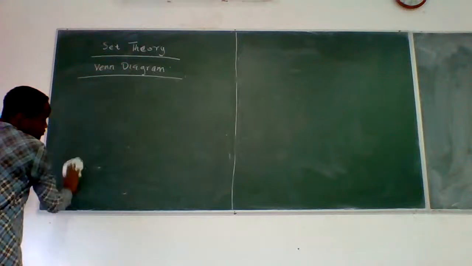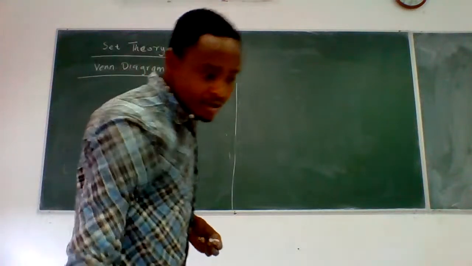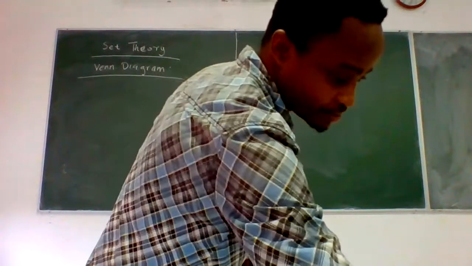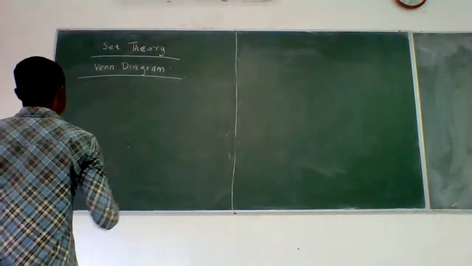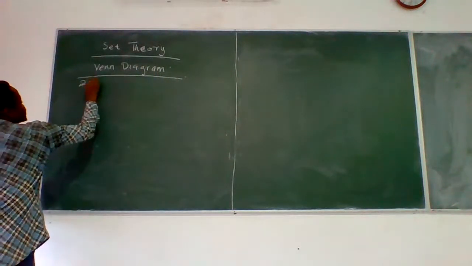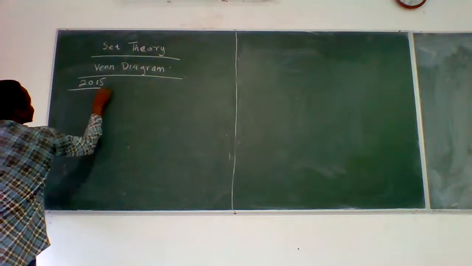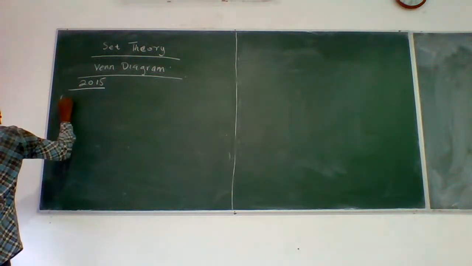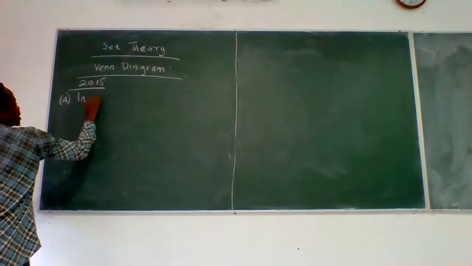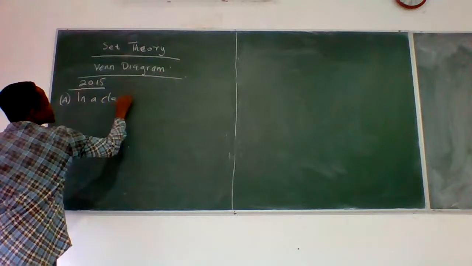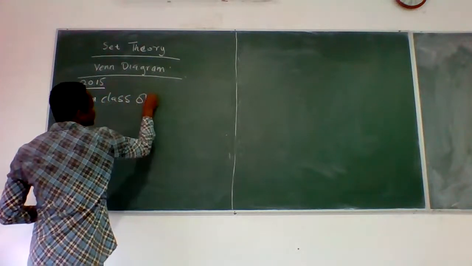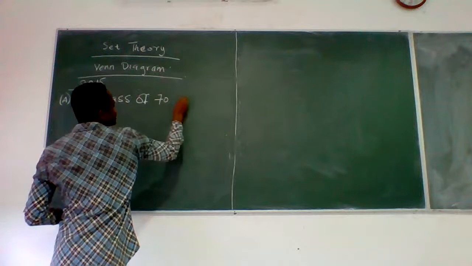Okay, so I'd like to solve a problem on the Venn diagram. We have this one, it's 2015, 6, 1, 8. I'm writing down the question.